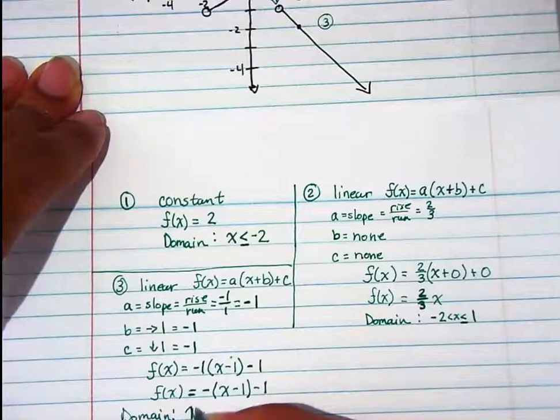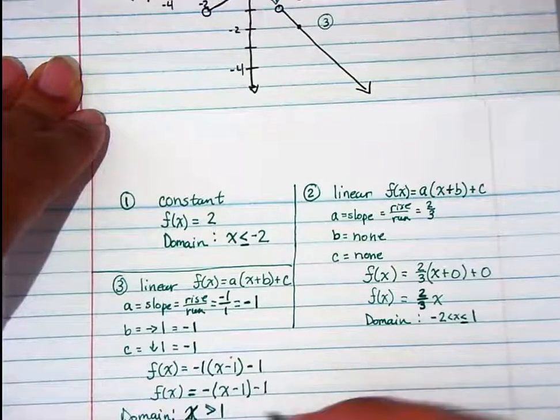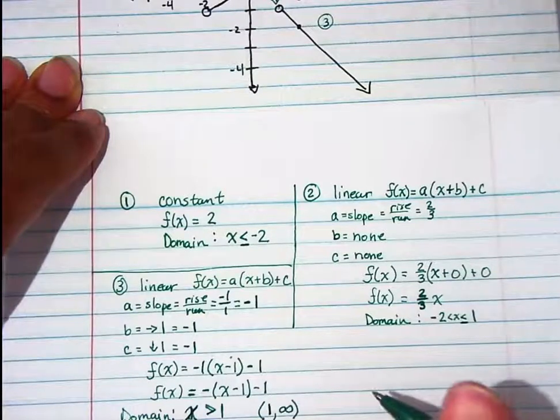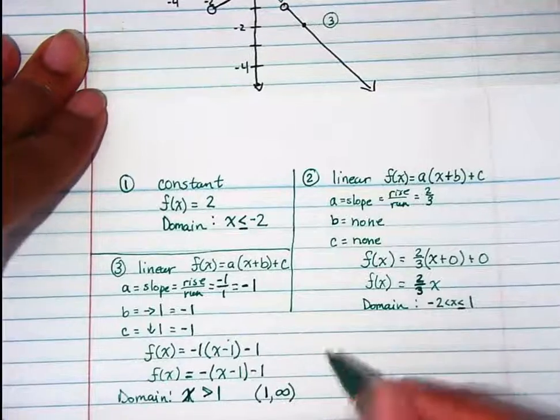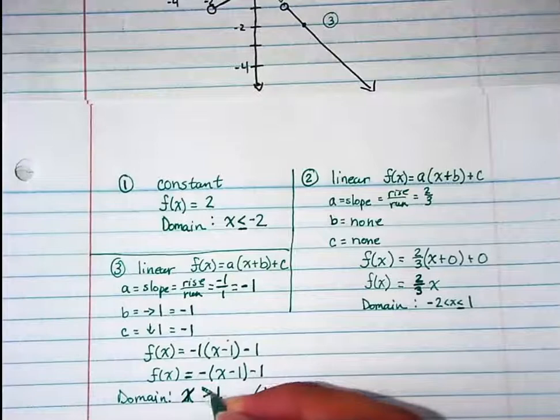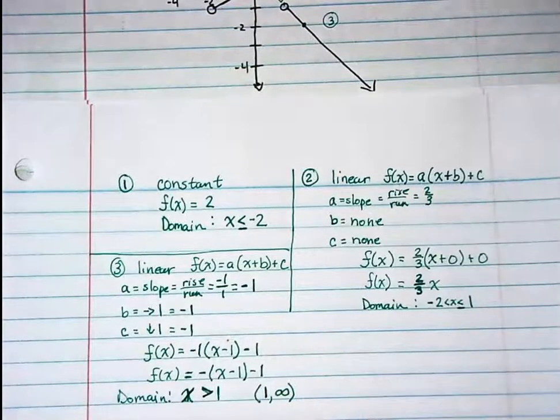So here, I'm going to say x is greater than 1 because it's all the numbers that are greater than that. Again, if you need to see interval notation, we start at 1 and go to positive infinity. So 1 to positive infinity there, that is x is greater than 1, especially when it's in parentheses right there, 1. All right, so we get our domain.